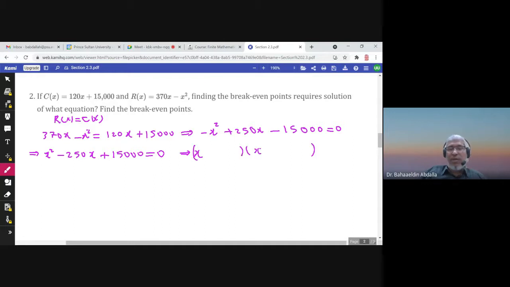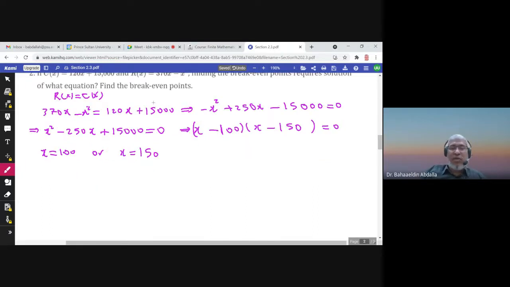Well, 100 times 150 will give you 15,000. And the sum of negative 100 and negative 150 is negative 250. So either x is 100 or x is 150. So they will break even if x is 100 or 150.